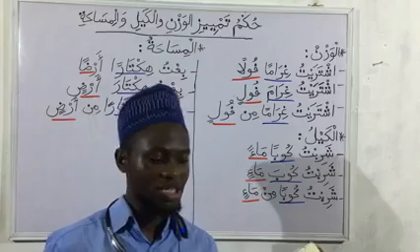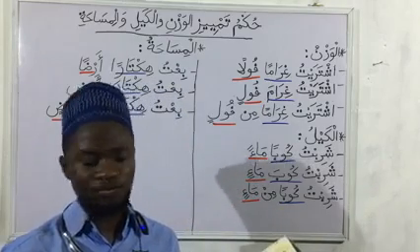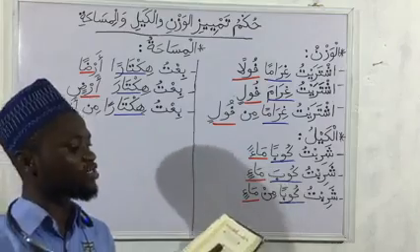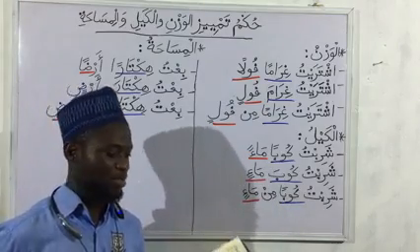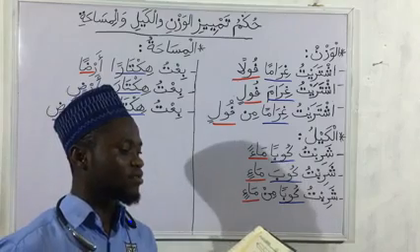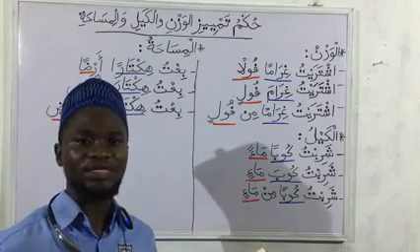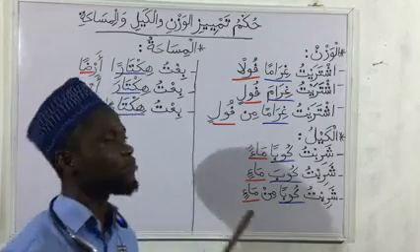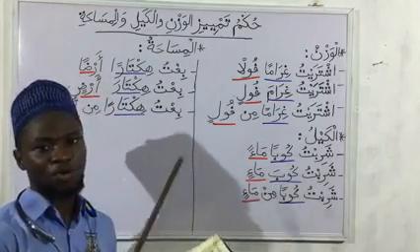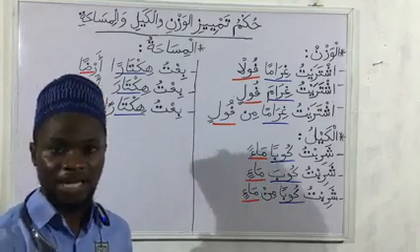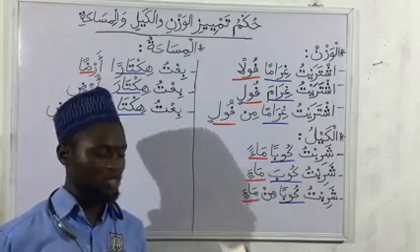The second one is the majrur bil idafa, and the last one is the majrur bimin. So sharibtu ritlan labanan means I drank a pound of milk. Pound also has its own equivalent in kilogram. It is a unit of measuring weight.